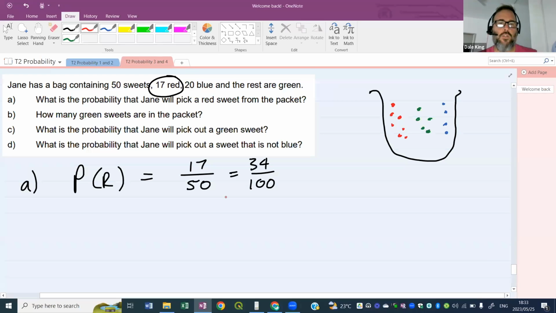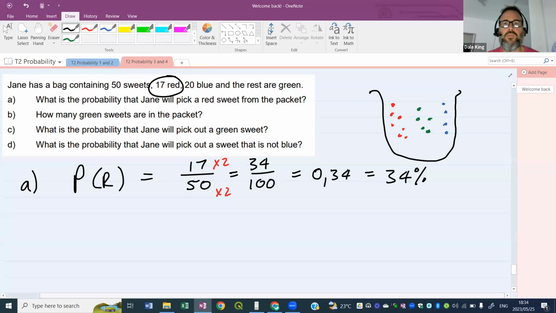If I double the 50 and I double the 17, I get 34 out of 100, which is 34% or 0.34 as a decimal. So we need to be able to write this in any format that they ask for. They didn't ask, so the fraction is fine, but we're just practicing any format here. Good job.